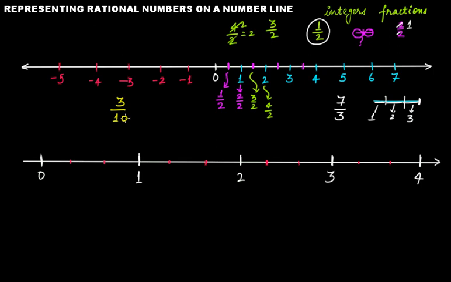Now, this 3 over 10 tells us what? This 10 tells us to think that all these units, 1 unit, another 1 unit, another 1 unit, have been divided into 10 equal parts. So let's quickly divide this.